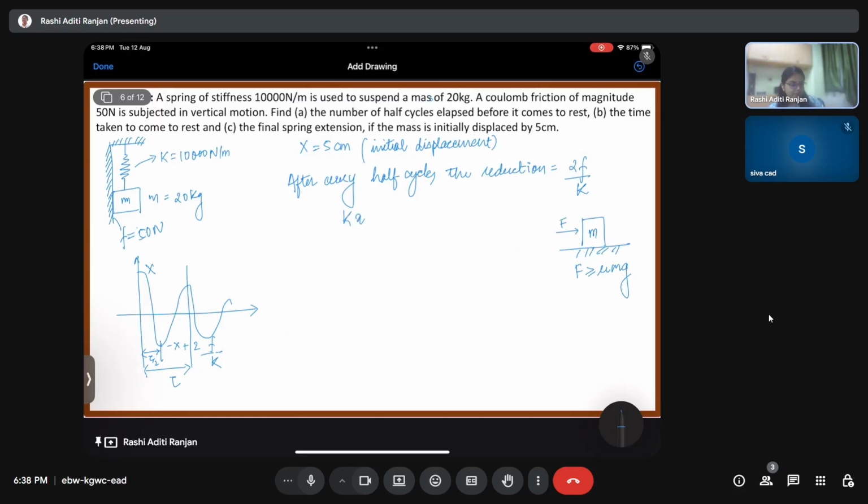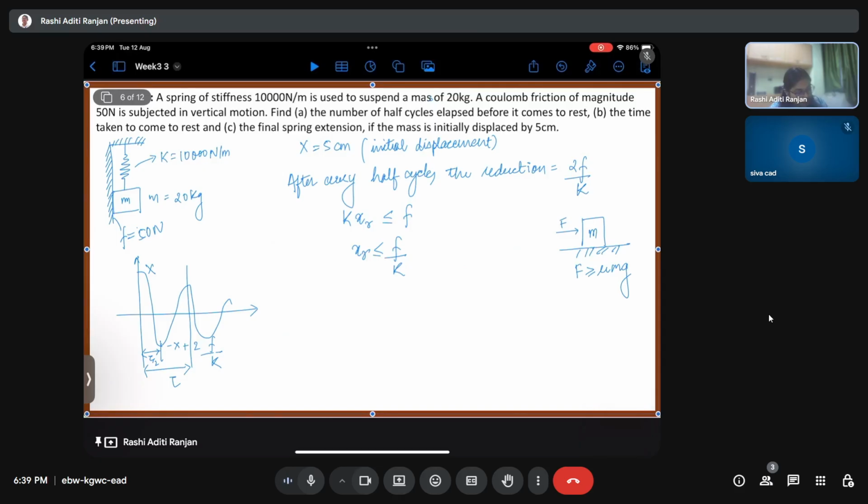K x_r, where x is at some rth half cycle. So K x_r is what? It is less than or equal to the frictional force, which is F, right? So x_r is less than or equal to F by K. Now what is x_r?